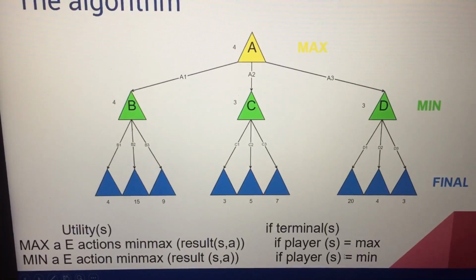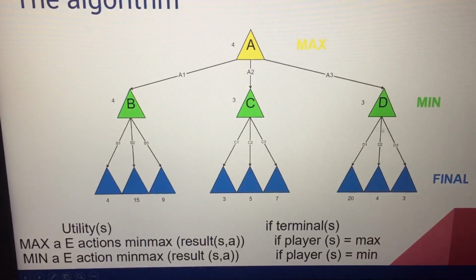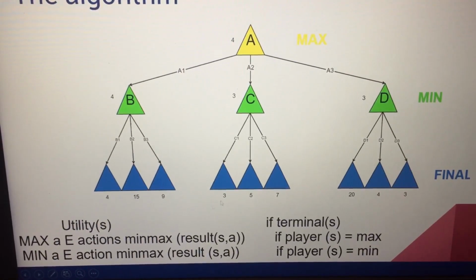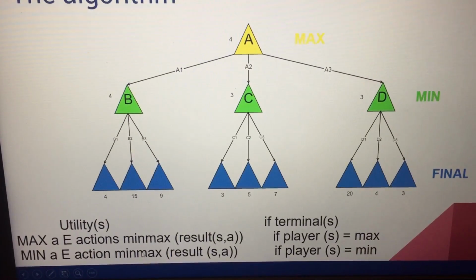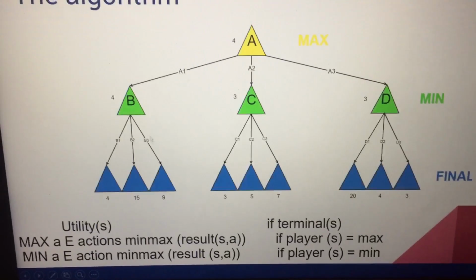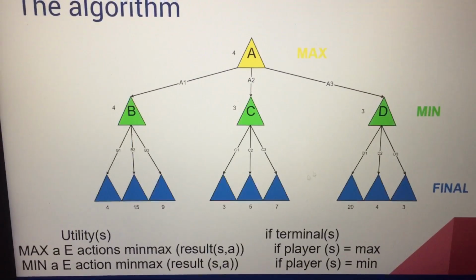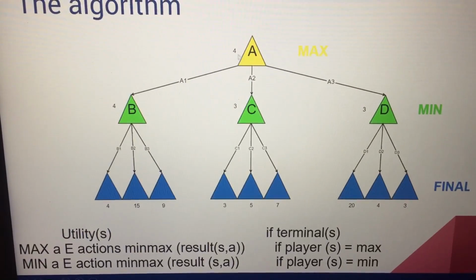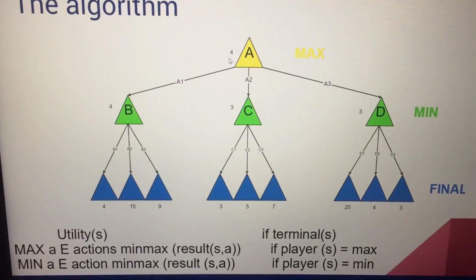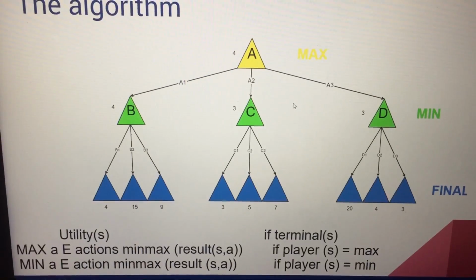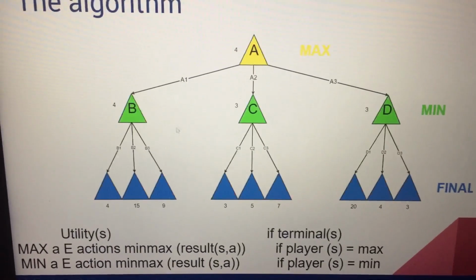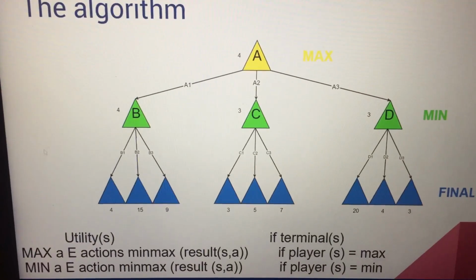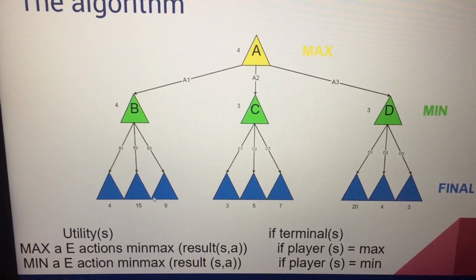And if the player is min, which are the green triangles, we want to return the minimum min-max result of all those possible moves. So what min-max does is calculate these utility values, but at the beginning we don't have those utility values. We only give utility values to these final states.